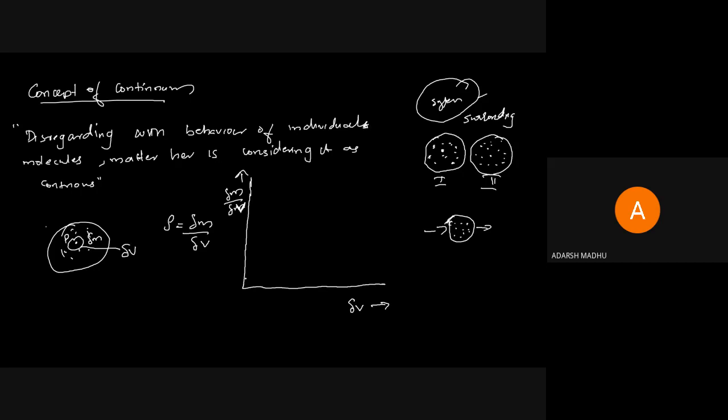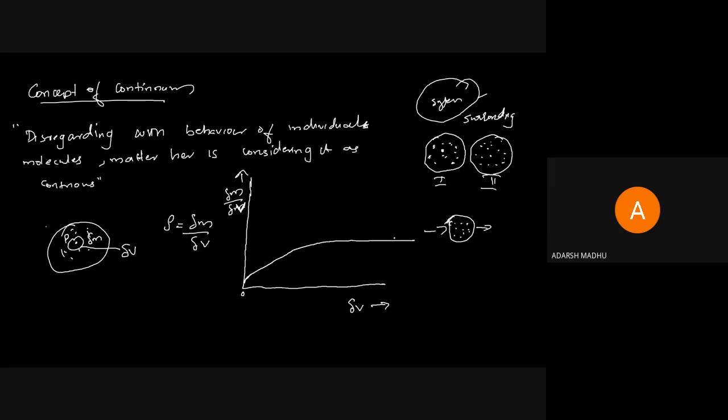And we will get a graph where initially we take a small volume, that is 0 here, and there is a density here, and when the volume is increasing, the graph will flow like that, and at a point it goes to a straight line.